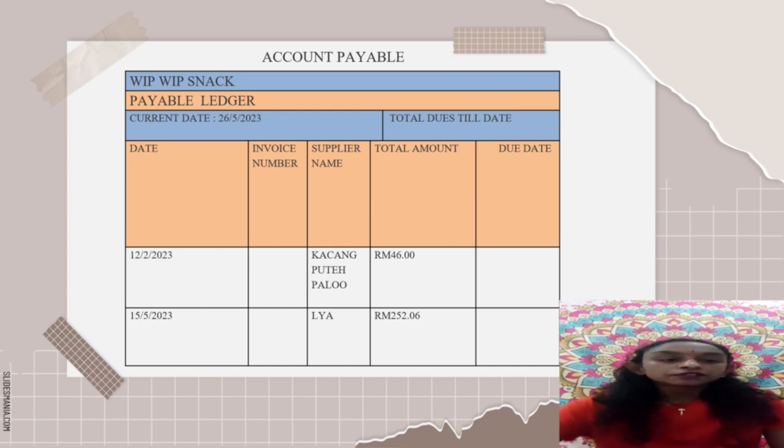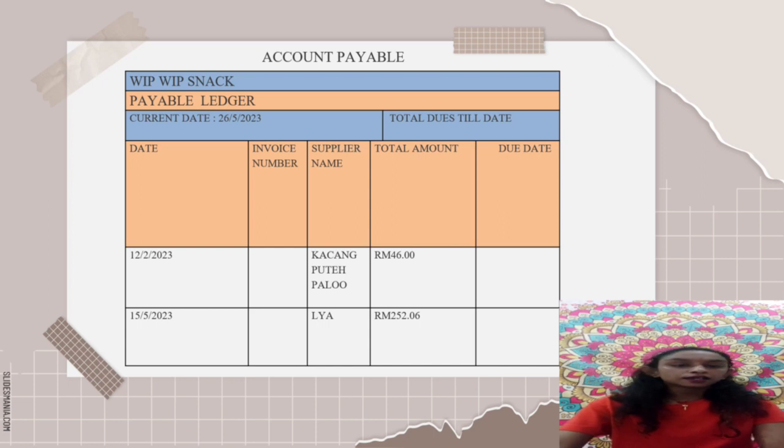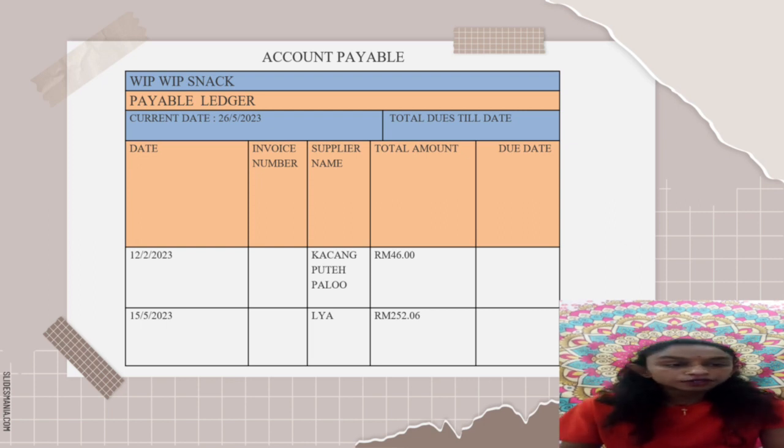The supplier name will be Kacang Puteh Palu. The total amount will be RM46, and the next date will be 15 May 2023, which supplier name will be Leah, and the total amount will be RM252.60.